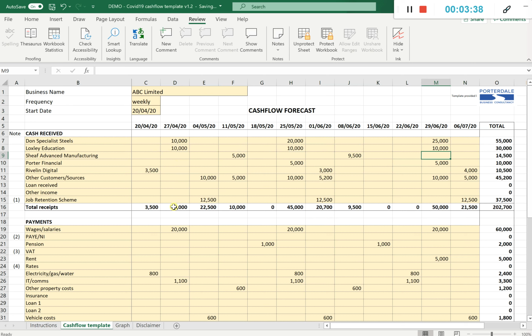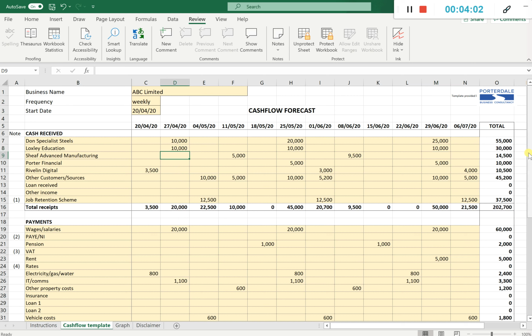And if you notice here, this adds into the weekly total. So this total is now £20,000. If I just click back in here and delete it, so that was 10,000. Put that 10,000 back in there. That's gone up to 20,000.